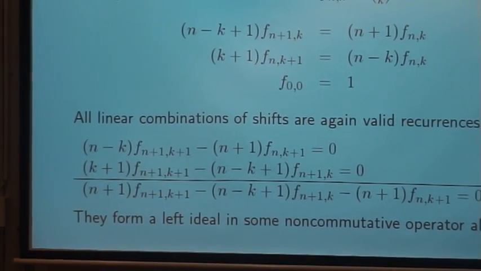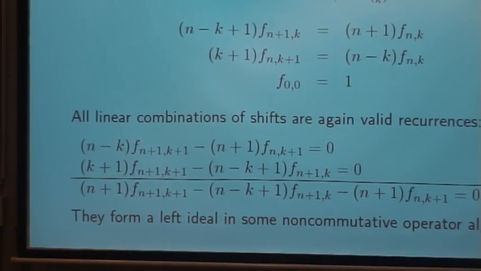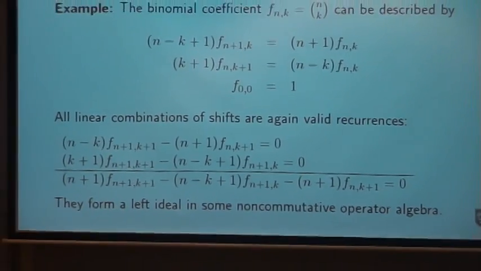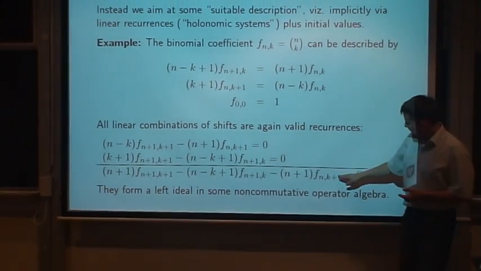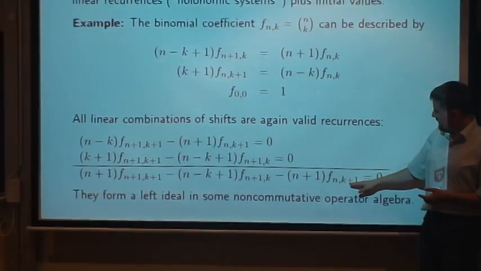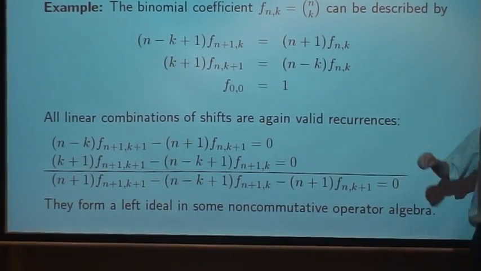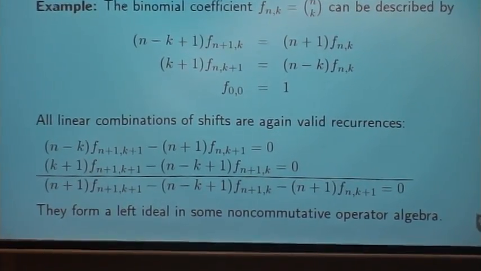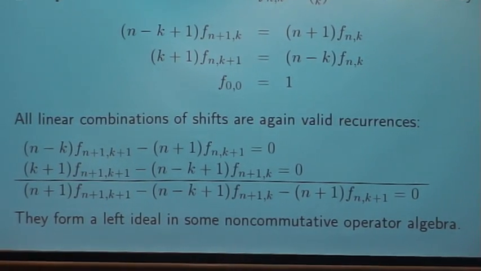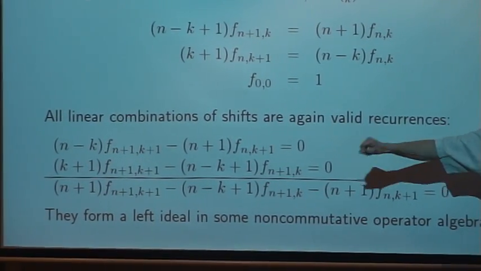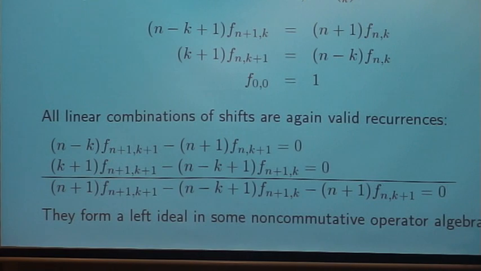And all these operations, if I translate the recurrences into an operator algebra, so I introduce an operator that represents the shift with k or with n, then I get a non-commutative operator algebra in which these operations just correspond to multiplication and addition.